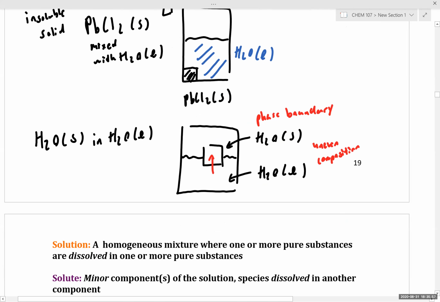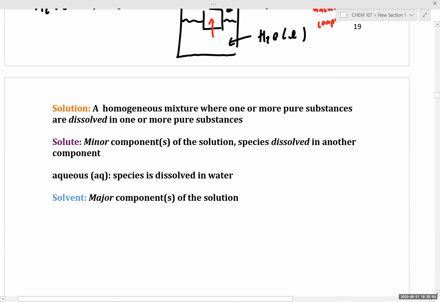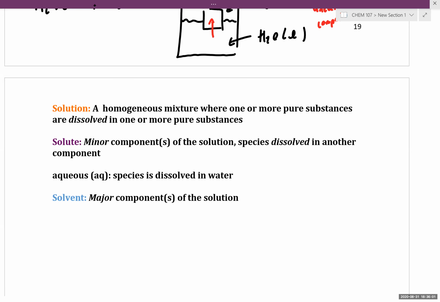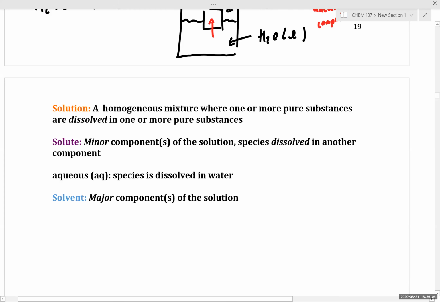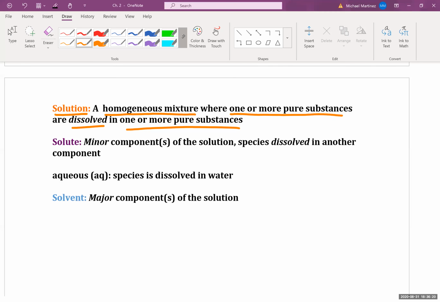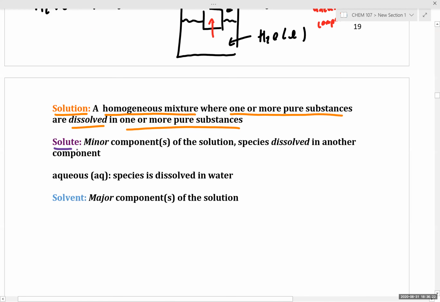Okay, so let's keep going now and talk about the most common subtype of mixture, which is a solution. A solution is formally defined as a homogeneous mixture where one or more pure substances are dissolved in another set of pure substances. We call the solute the minor component of the solution.